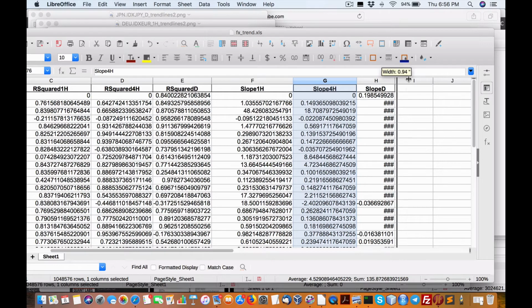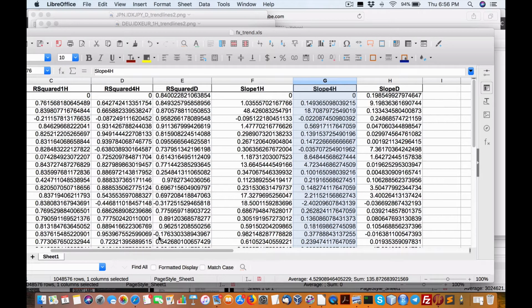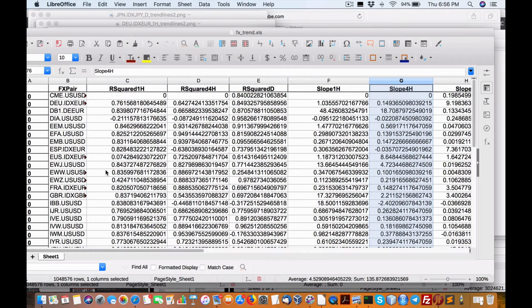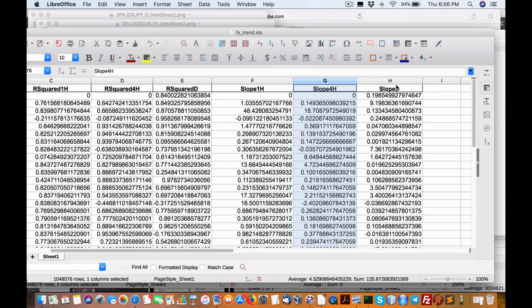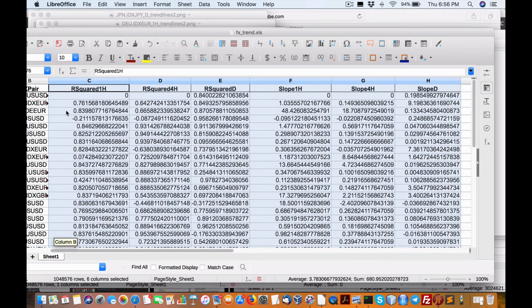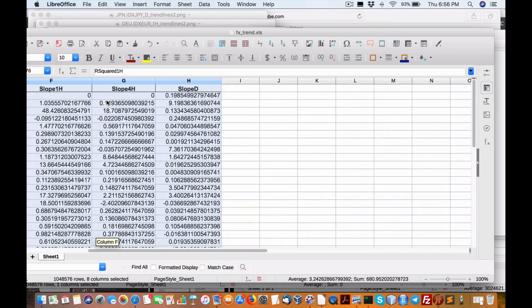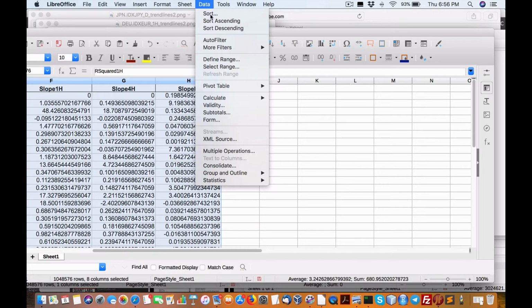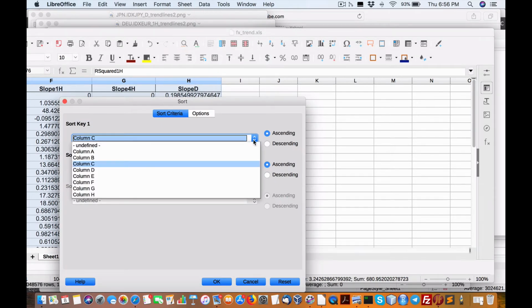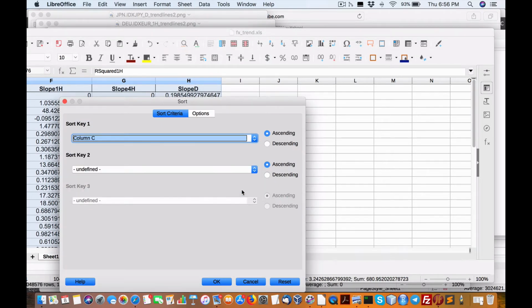And again, it's through the magic of automation, courtesy of the Python that I've been working on for the last couple of weeks, and I am quite happy with the results. So again, we will do a sort. Now again, I can do all of this automatically. Do a sort on H, slope D, which is the daily.